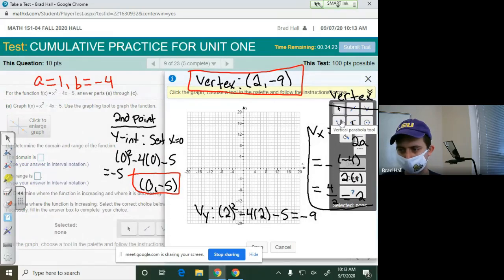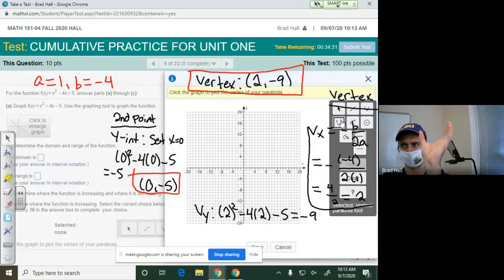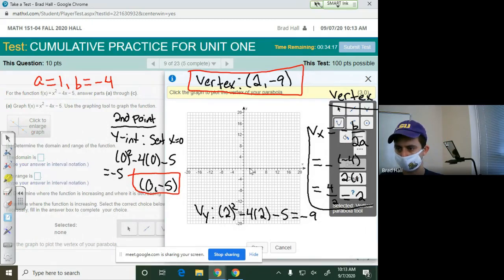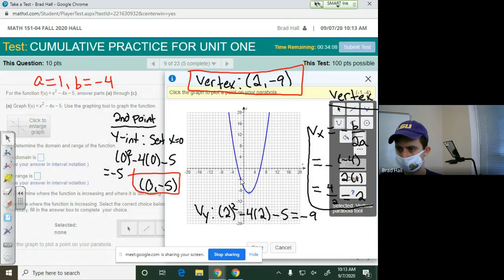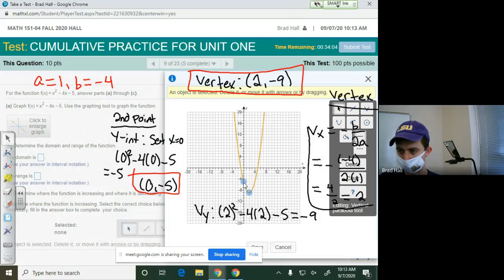So this may be kind of clunky. We want the shape of the cup facing upwards. The vertex is (2, -9). And then the y-intercept is (0, -5).